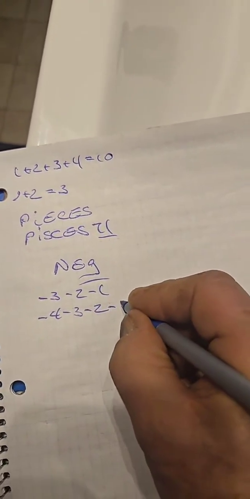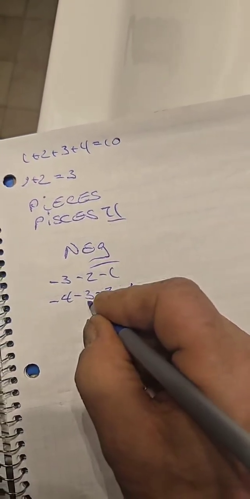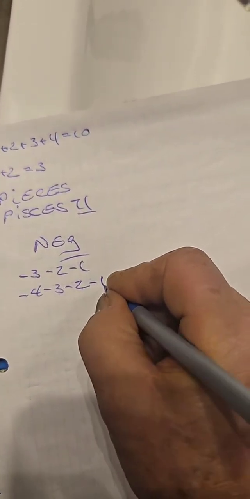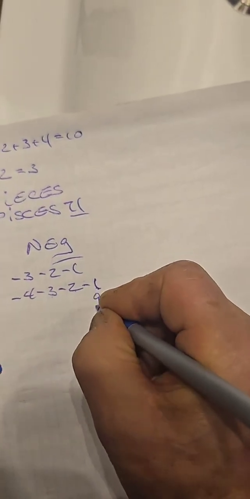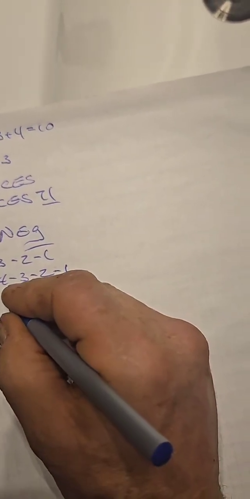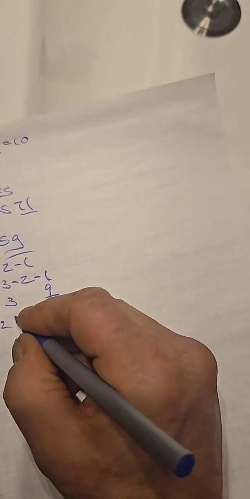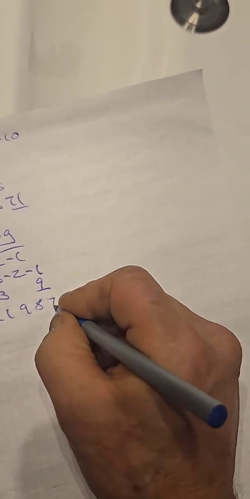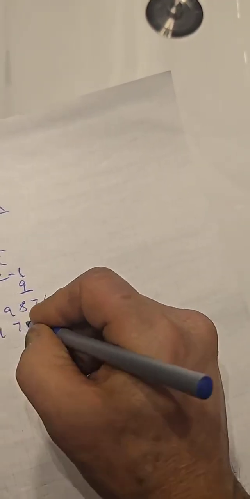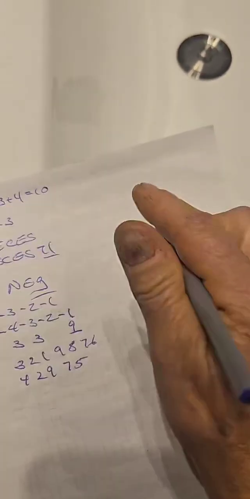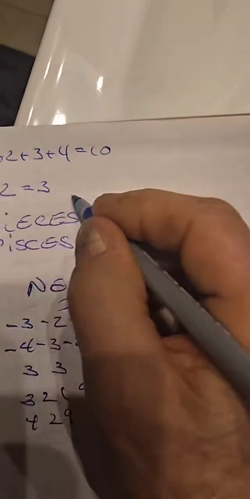I'm just trying to see if this is possible. 9 from 2 to that. 3, 2, 1, 9, 8, 0, 8, 7, 6, 4, 2, 9, 7, 5. Okay, I think I'm going to rip this page out. Anyways, let me just not confuse you.